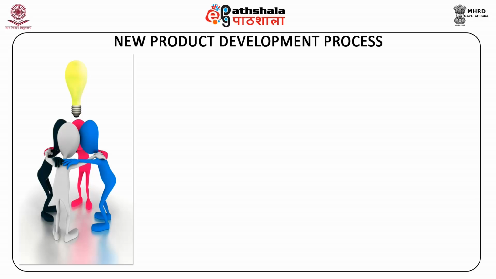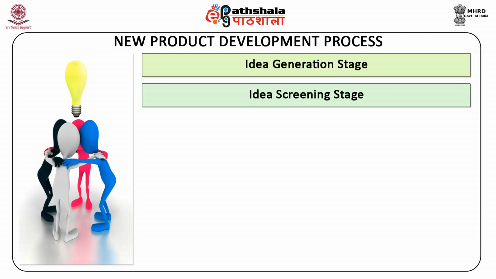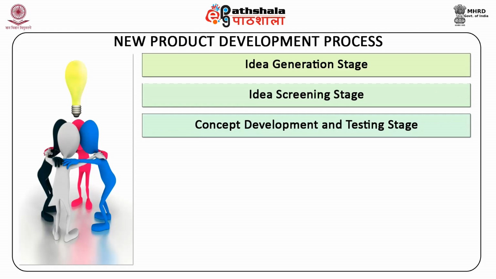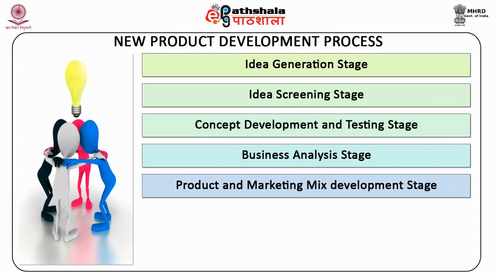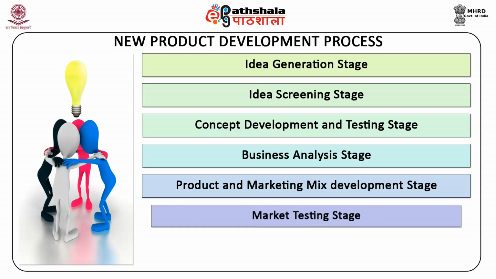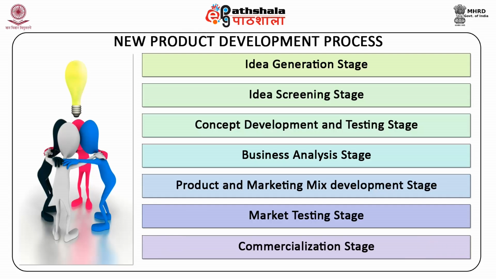The stages to be followed are: first, idea generation stage; second, idea screening stage; third, concept development and testing stage; fourth, business analysis stage; fifth, product and marketing mix development stage; next, market testing stage; last, commercialization stage.